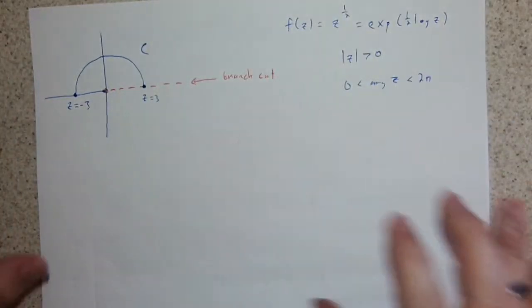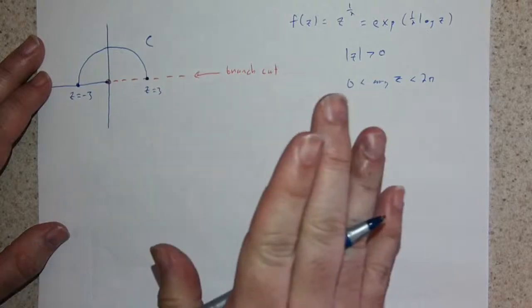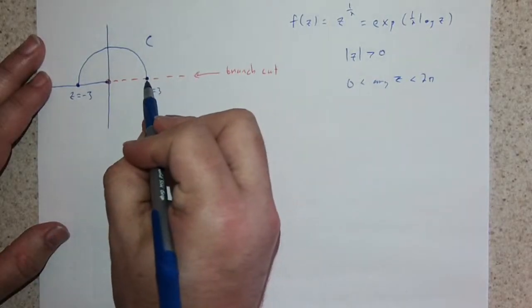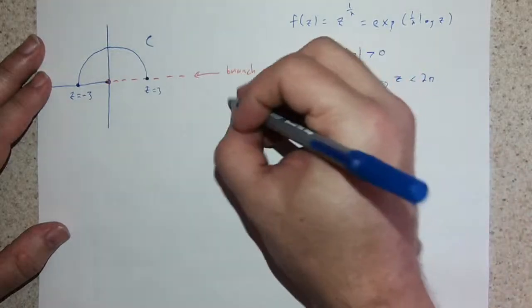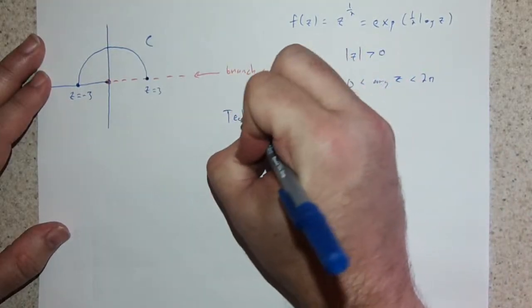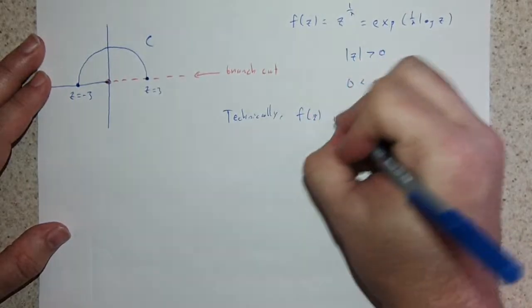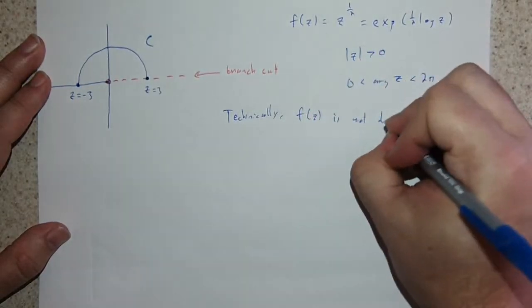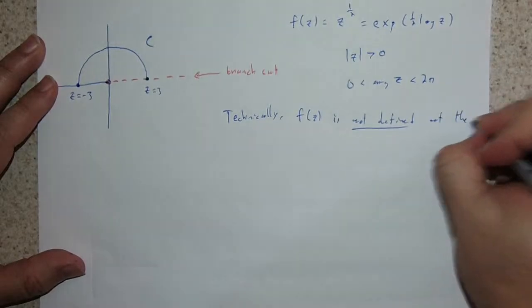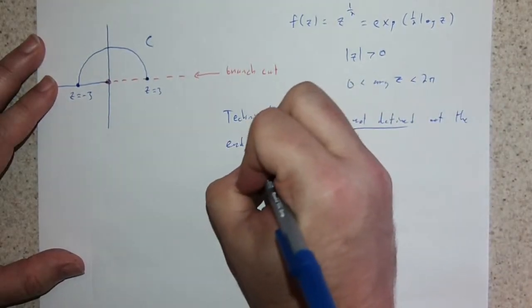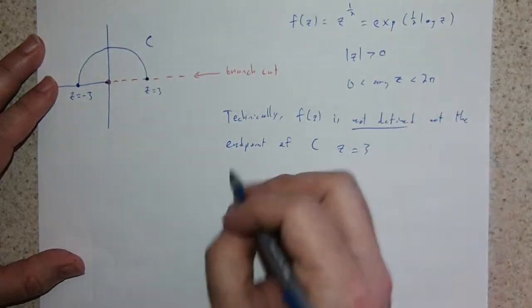What I want to stress here is that the only reason this is a problem is because one of the endpoints here is on this branch cut. So technically, f of z is not defined at the endpoint of C, which is z is equal to 3.